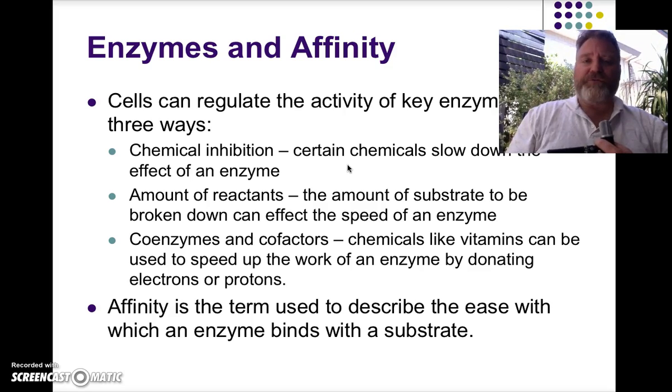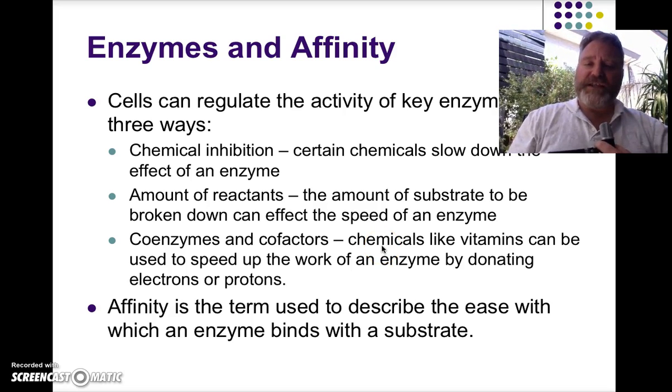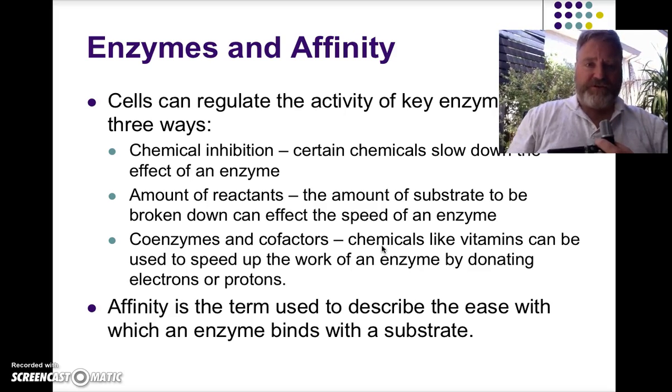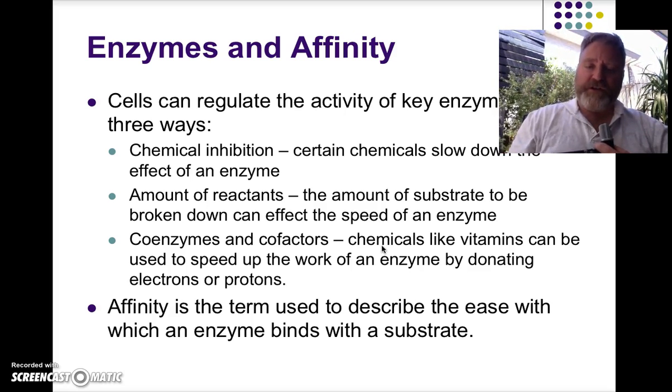Clearly, the amount of reactant available will obviously slow down the speed of it or increase the speed of an enzyme. And we also have things called coenzymes and cofactors, and things like vitamins are coenzymes, and we'll talk more about those too. So affinity is a term used to describe the ease with which an enzyme binds with a substrate. The greater the affinity, the better the binding, the faster the reaction, essentially.